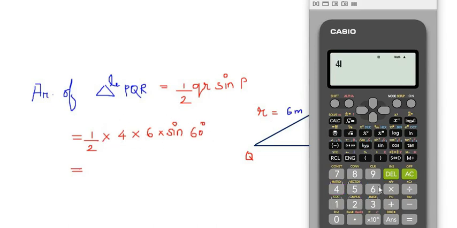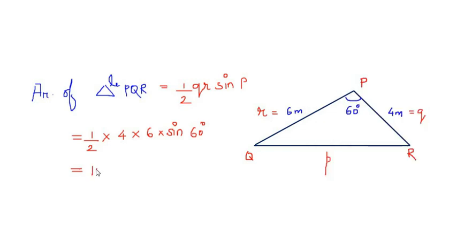So 4 times 6 times sine 60 divided by 2. So we get it as 6 root 3. Since it is a surd, we can also get it as a decimal, that is 10.39. So we got the answer here as 10.39 unit square, or here since meter is given, the area becomes 10.39 meter squared. This is how we use the area of triangle formula.